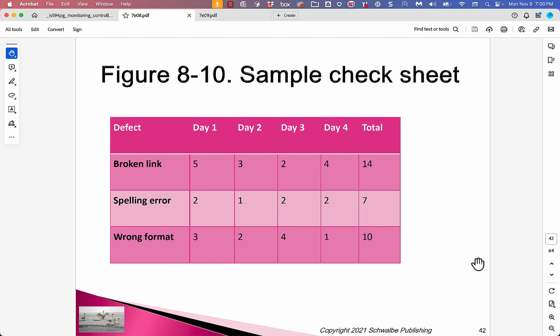Here's a sample check sheet. So this looks like problems with web pages. Okay, and we're looking at what the problems are and when they're happening.